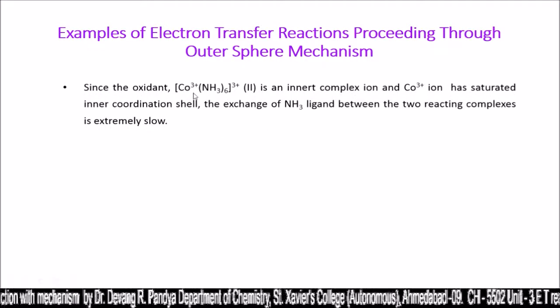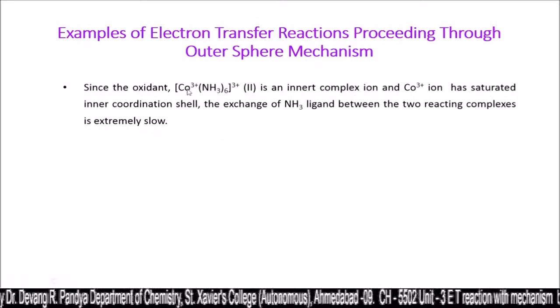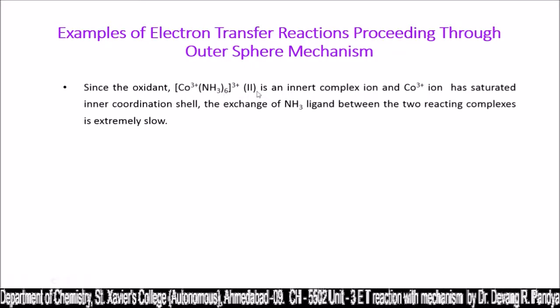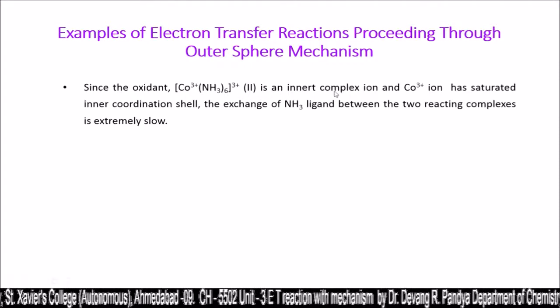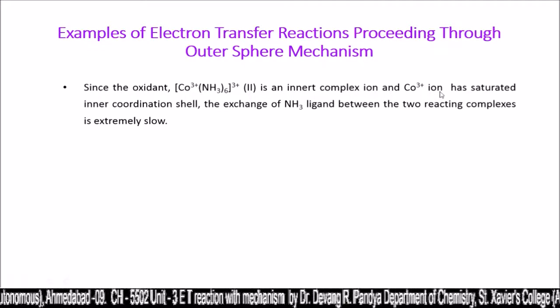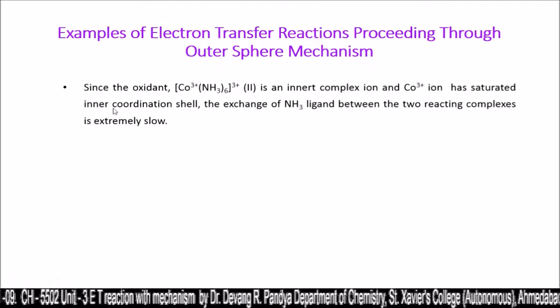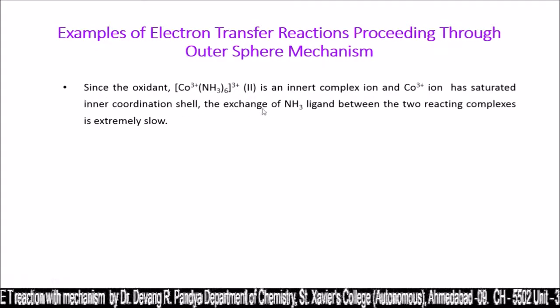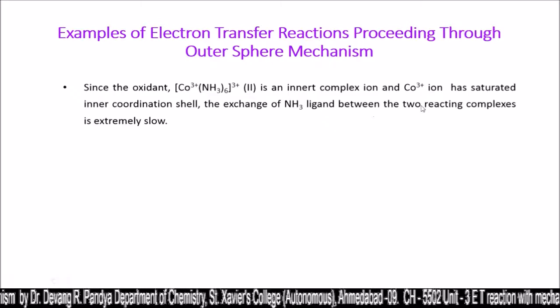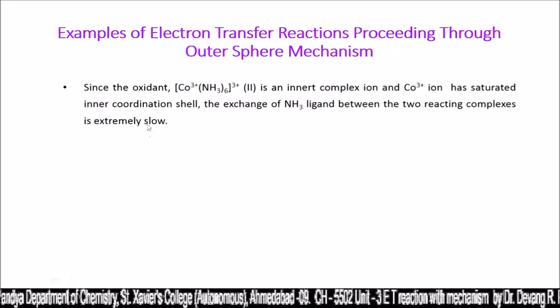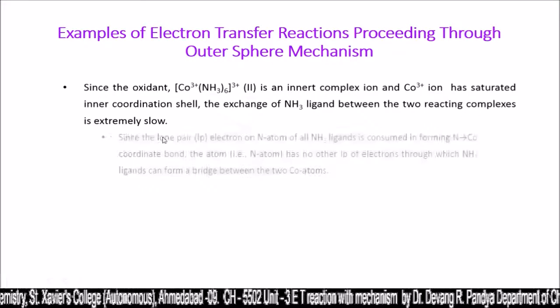Since the oxidant, the hexaamminecobalt(III) complex ion, is an inert complex ion, and the cobalt ion has a saturated inner coordination cell, the exchange of ammonia ligand between the two reacting complexes is extremely slow.